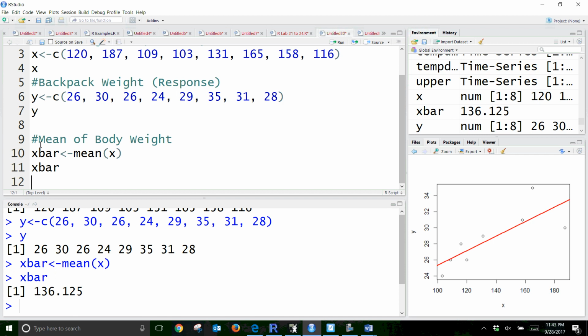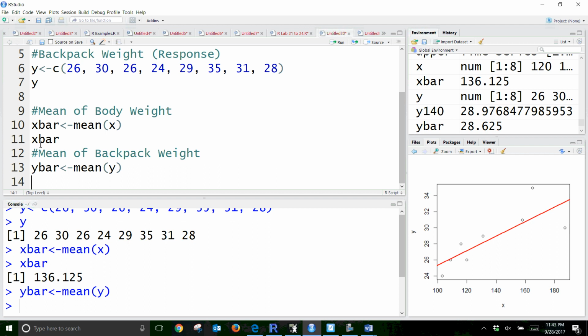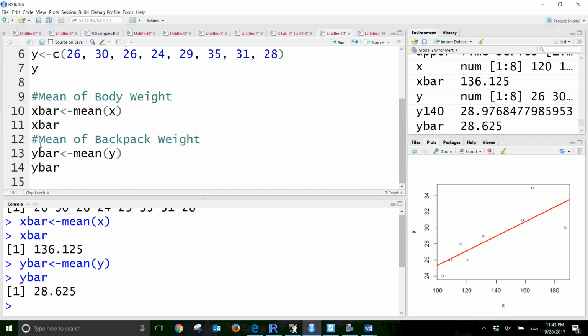And then it asks us what the mean of backpack weight is. Call this y bar. And that's going to be the mean of y. Okay, 28.625. Now it says, what is the sample standard deviation of body weight?